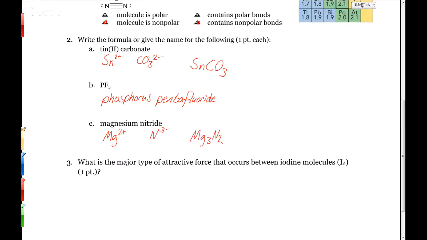And then finally, what's the major type of attractive force that occurs between iodine molecules? What do we call that? You remember? So first of all, is iodine polar or nonpolar? It's got to be nonpolar, just like nitrogen, because it's got the same thing on both sides. So what are the types of forces that we have in nonpolar molecules?